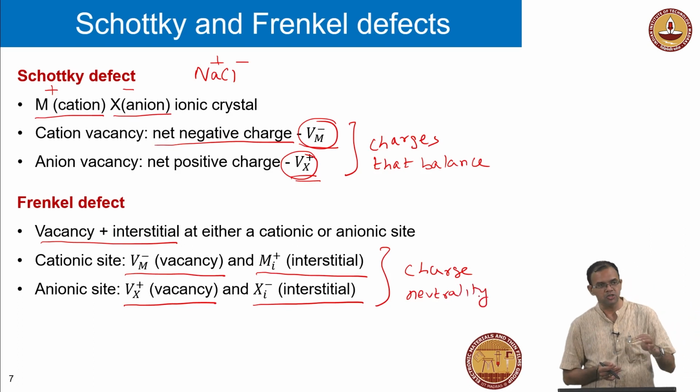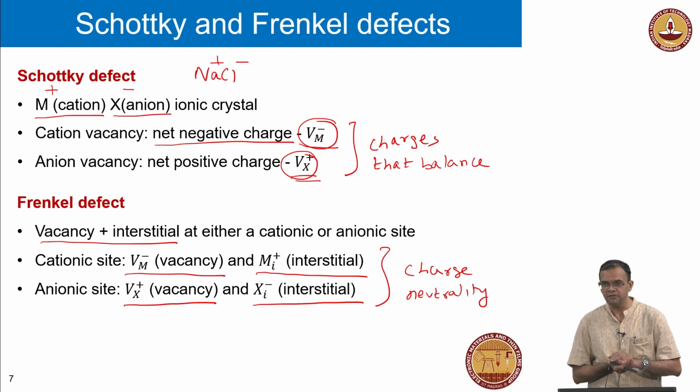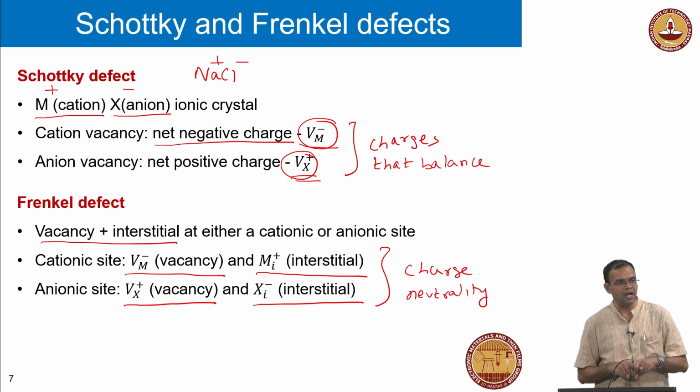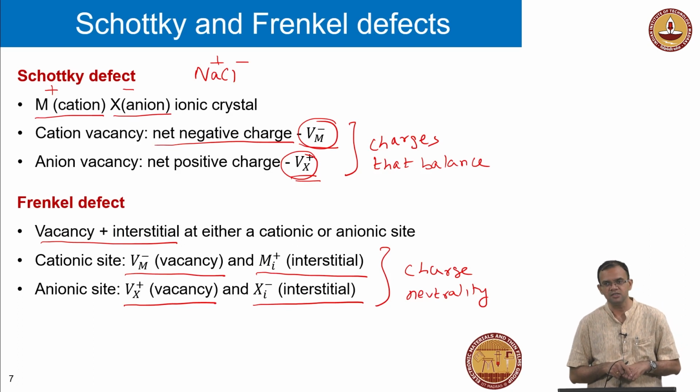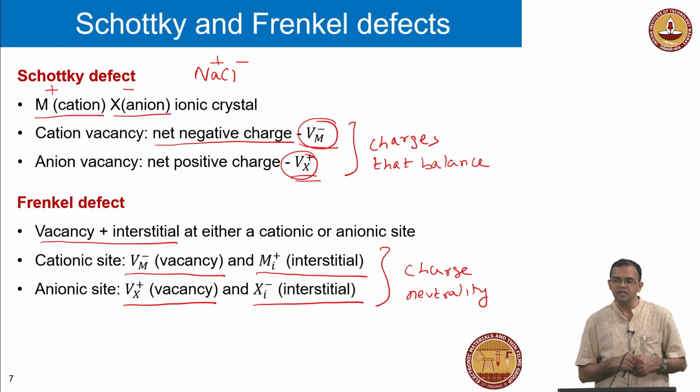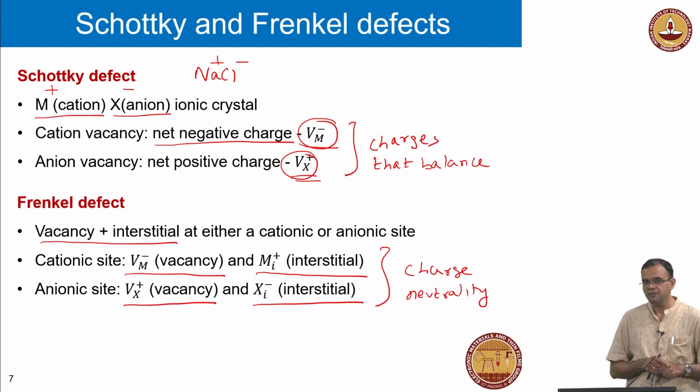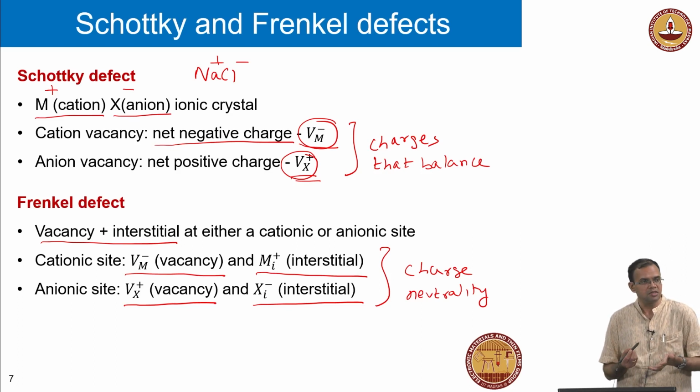So whether I have a Schottky defect or a Frenkel defect, because I am creating a pair of defects, I am always maintaining the charge neutrality in the system. When it comes to electrical conductivity, this should not change the electrical conductivity in any way, because I'm not introducing any new carriers, I'm just moving charges around.